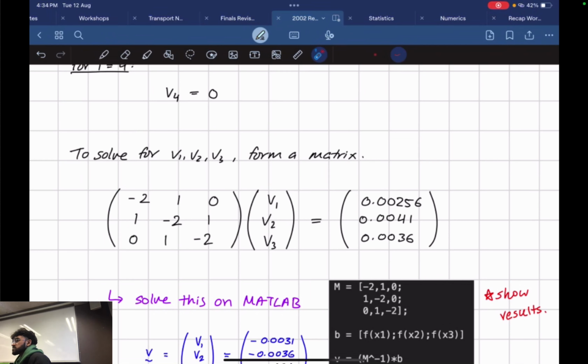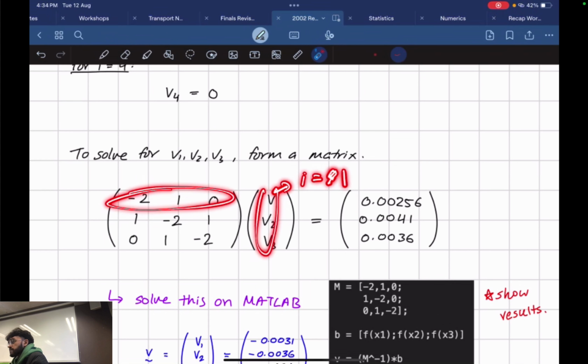Anyway, it's just the three equations that we found at the start. You have V1, V2, V3. When you multiply, it goes this way. You dot product this with this, and you get your equation at i equals 1.